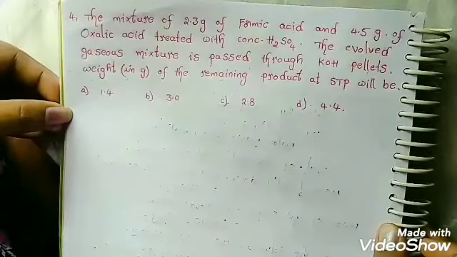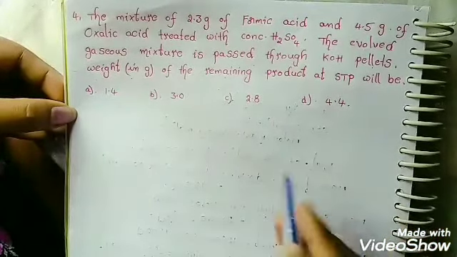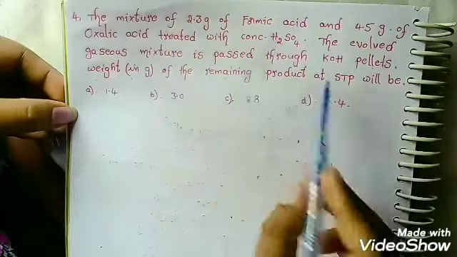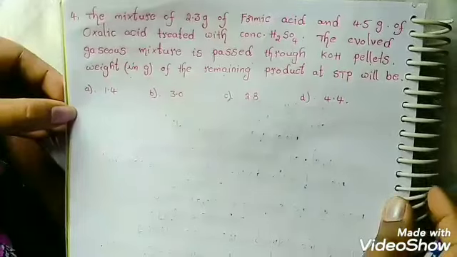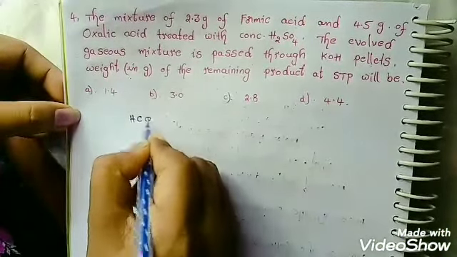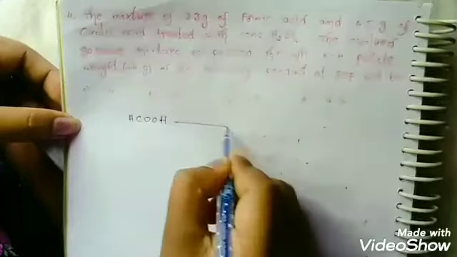Let us see how to get the equation for this question, students. First, let us see the formic acid and the oxalic acid. You have to know the chemical formula of formic acid, which is HCOOH. This is the formic acid.